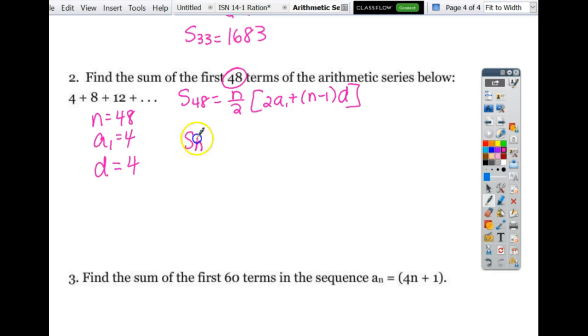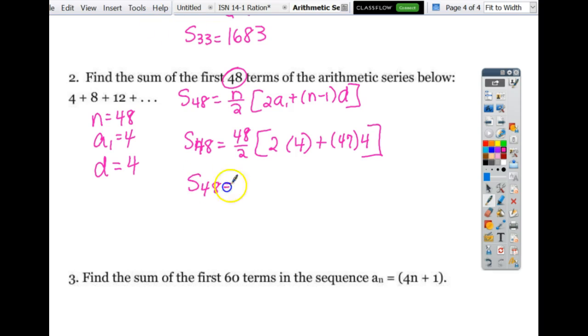So when I fill this in, N is 48 minus 1. Oh my gosh. That's why I wrote it down.